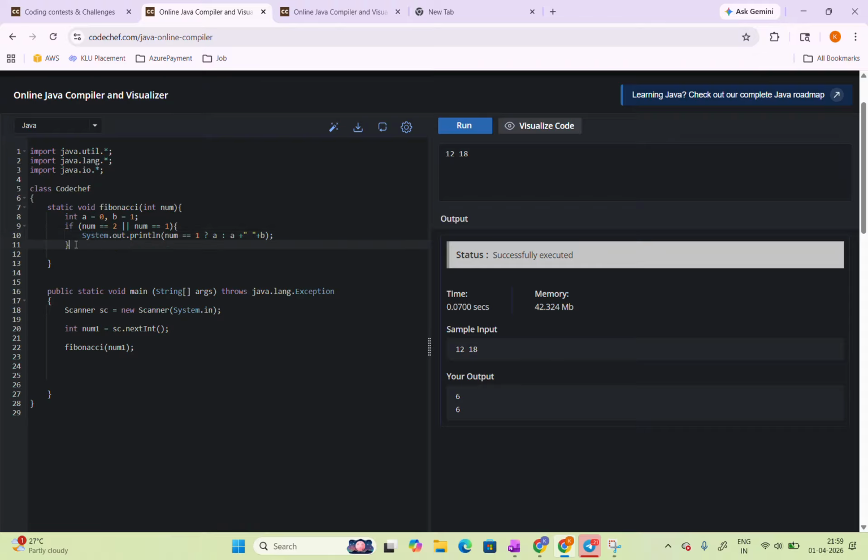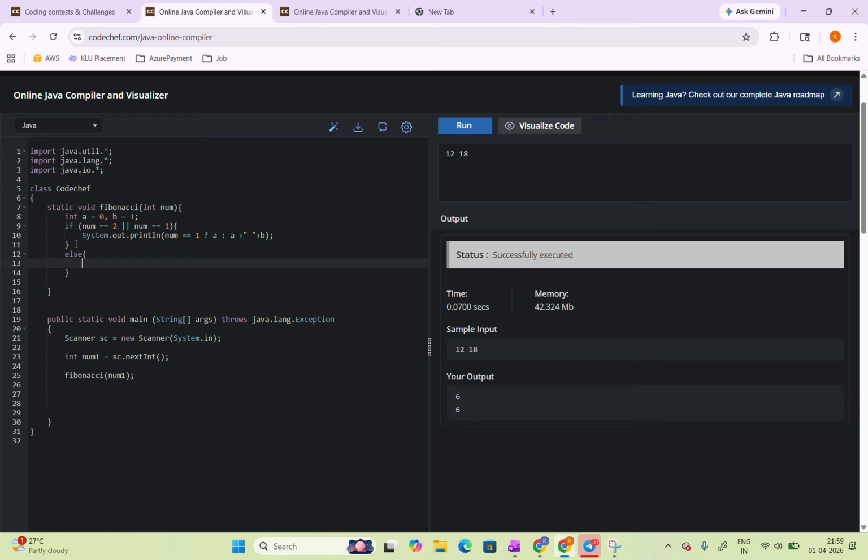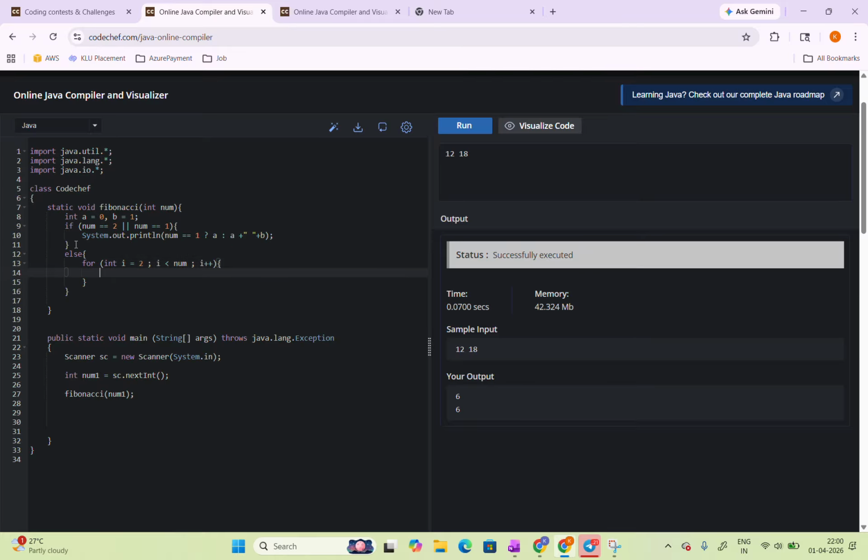We will check what will happen. If any error, we will debug it. Now I'm going to print from 2 up to the series of num. Int i is equal to 2, i less than num, i plus plus.